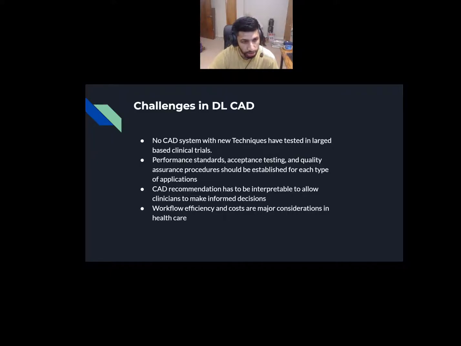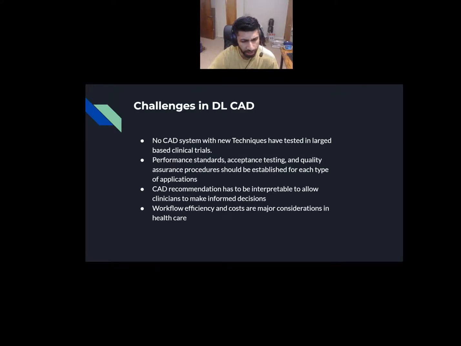Another challenge is to develop performance standards and acceptance training for the users, and QA procedures have to be established for each type of CAD-based system. So that could be challenging in the future if we were to implement this.